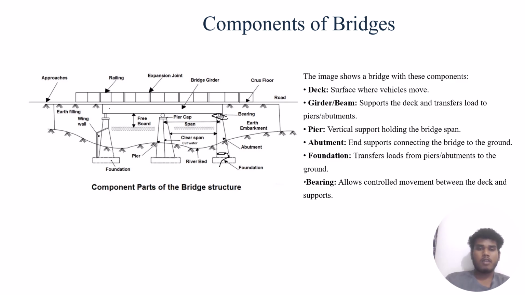See, if a vehicle passes over a bridge, there is some movement caused on the bridge due to the velocity or acceleration of the vehicle. So the deck moves a little bit front or back. To give freedom to move the deck, we provide a bearing here.